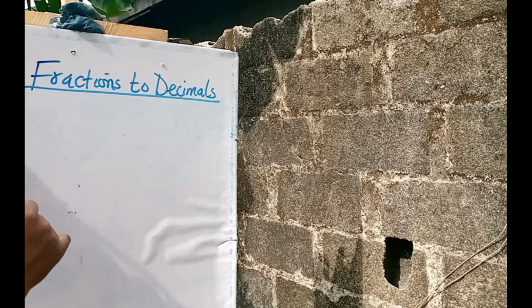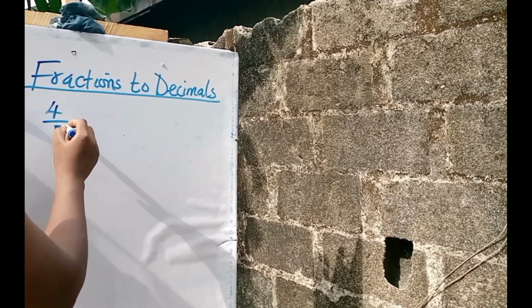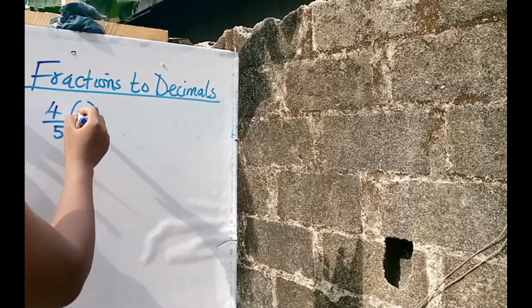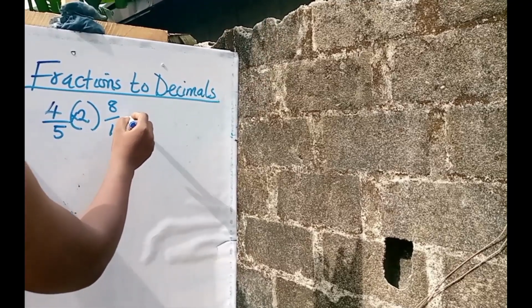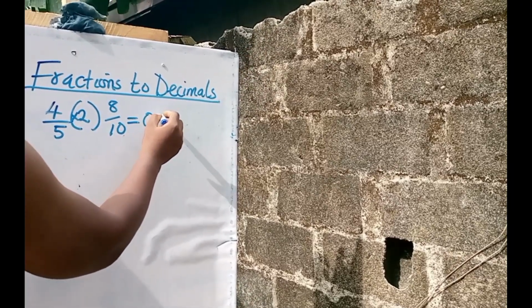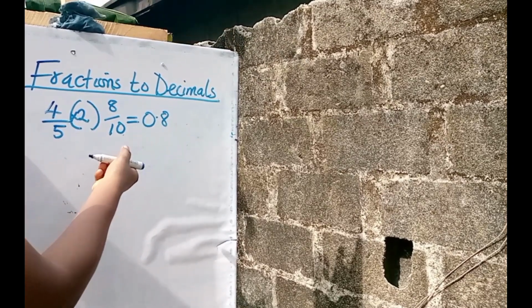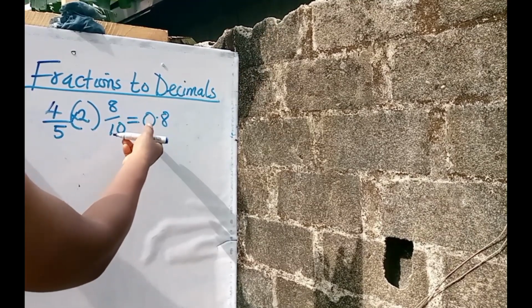If yes is the answer, as we see in this example, 4/5, we multiply it by 2, it gives us 8/10, and that will give us 0.8. So if yes is our answer, then the decimal is easy to find.